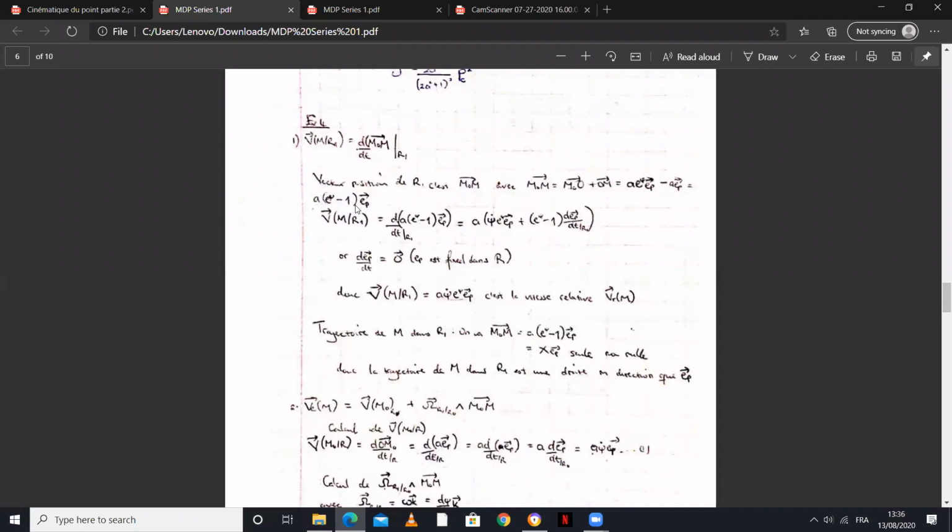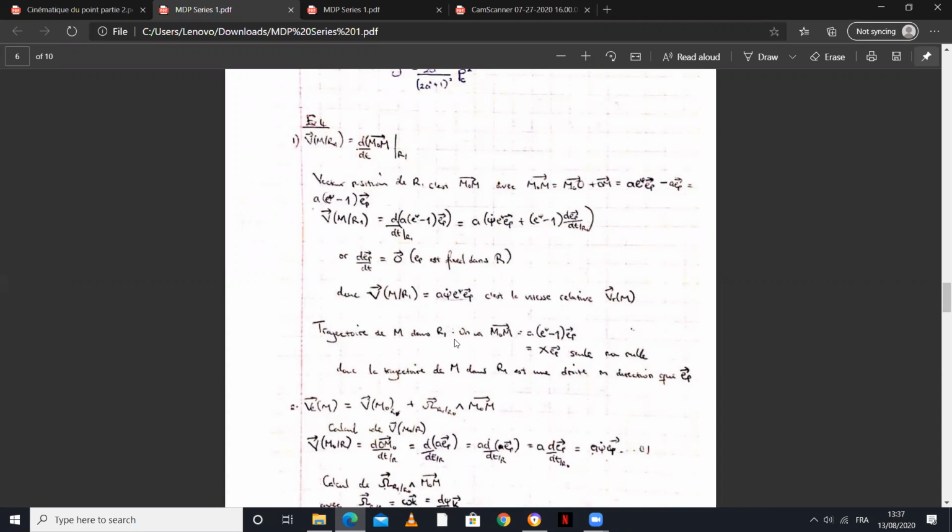The vector position is just some coefficient here suivant E rho. That means your vector is going in one direction, in a straight line in that direction. So when they ask you what's the trajectoire, you just tell them it's moving in a straight line following E rho, looking at the nature of the vector position. And that's the answer they have given you here.